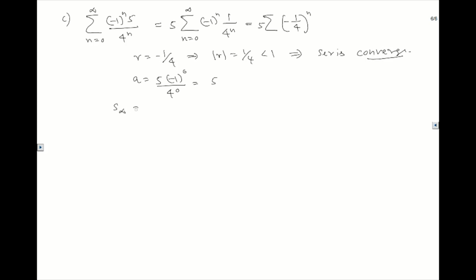Now we plug that value into the formula. The sum to infinity is a over 1 minus r. So it is 5 over 1 minus negative 1/4, which is 5 over 1 plus 1/4. You multiply the top and bottom by 4, so you get 20 over 4 plus 1, which is 20 over 5.